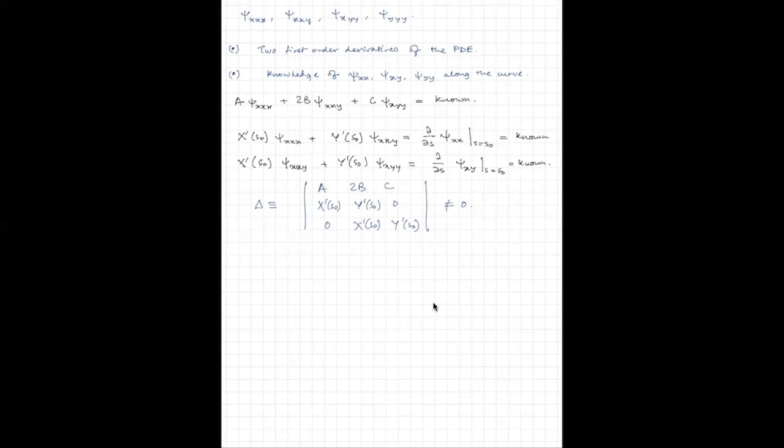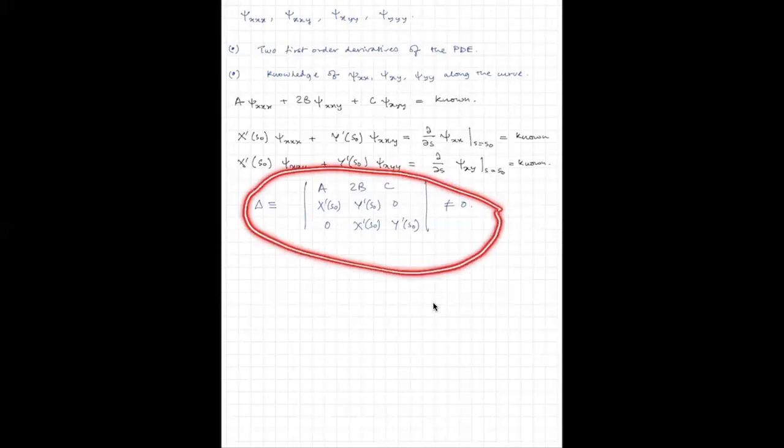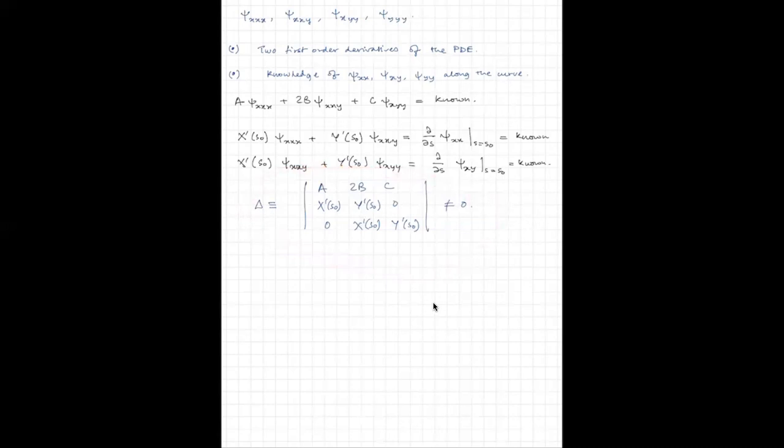So what you can actually verify to all orders is that if you were to just maintain the thing that we showed here, then you can show that all the derivatives of psi of x, y can be obtained at any point where this determinant is non-zero.